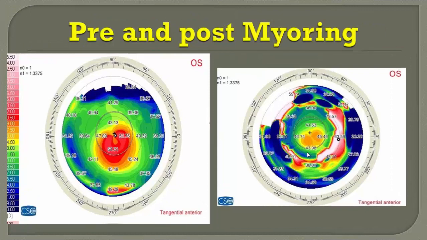In this photo, we can see the effect of MyoRing before and after. Here, the keratometry is 51.7, and here we can notice that there is extreme flattening, that at the center the keratometry is about 43.9 and 45.4.